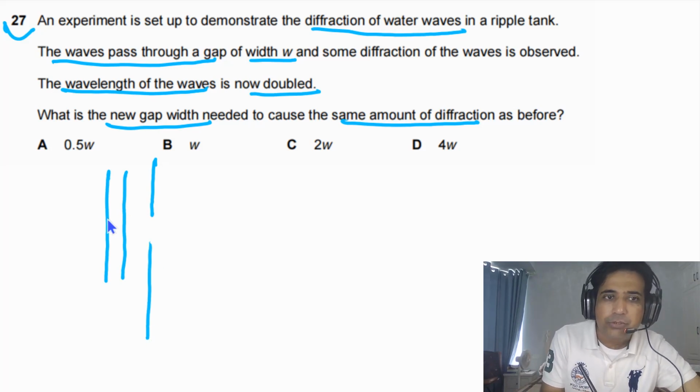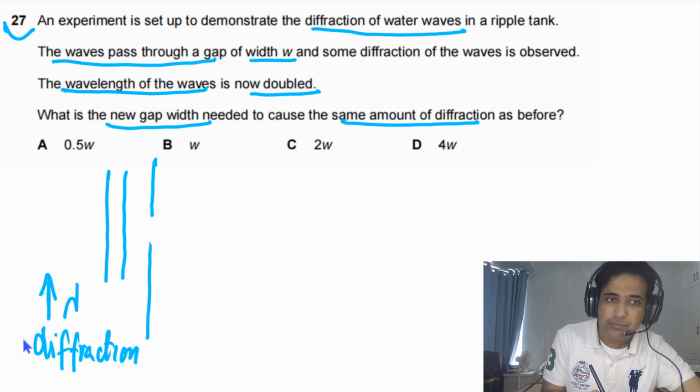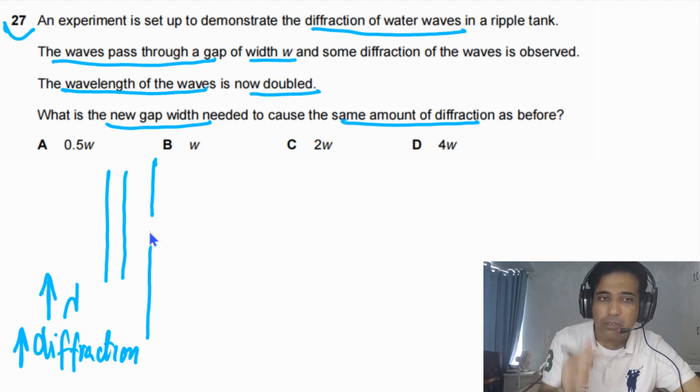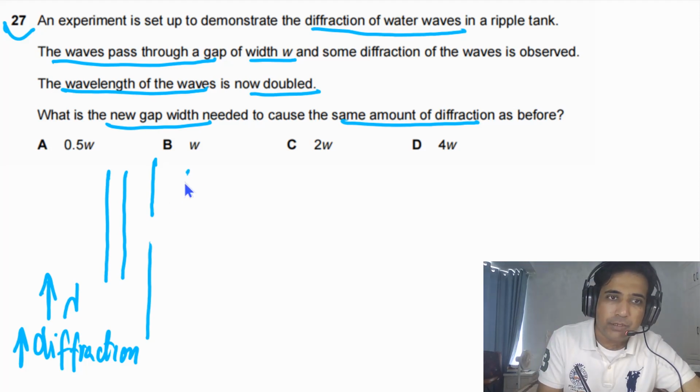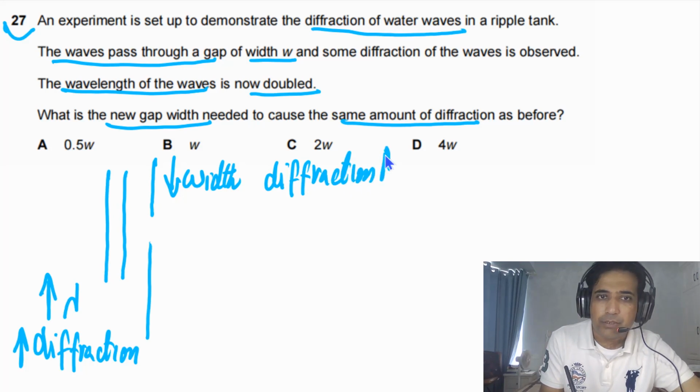If we increase this wavelength, if we increase lambda, diffraction will increase. And if we make this hole smaller, if we decrease the width, diffraction will also increase.